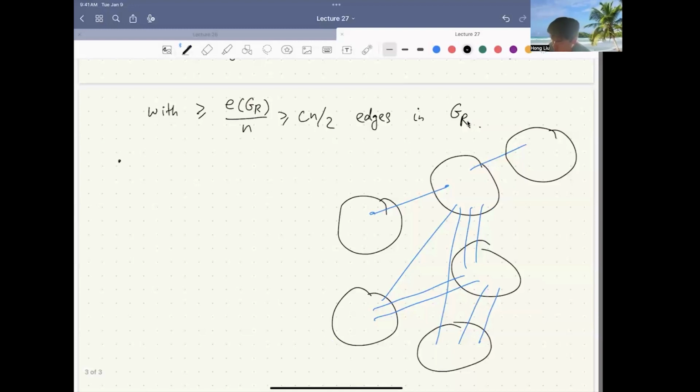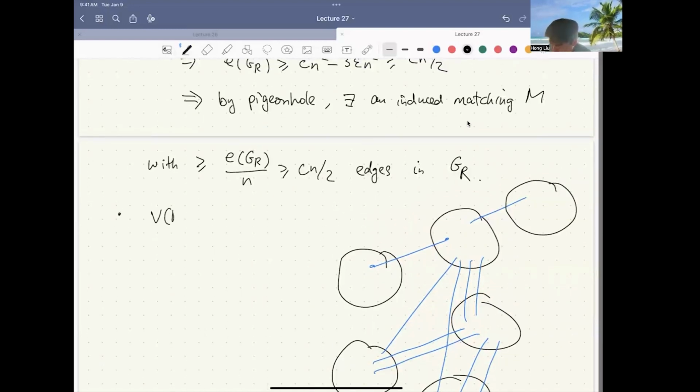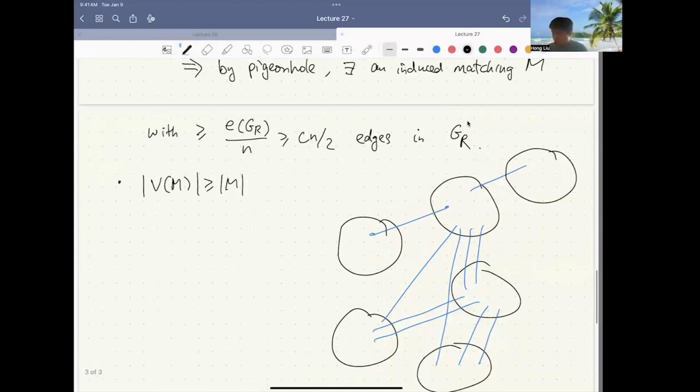Immediately, we should notice that the vertex set of the matching is at least the size of the matching, right? Well, if you have one edge, you have 2 endpoints. 10 edges, 20 endpoints. So the size is at least Cn over 2, which implies that the vertex set of this matching is at least Cn. Good.